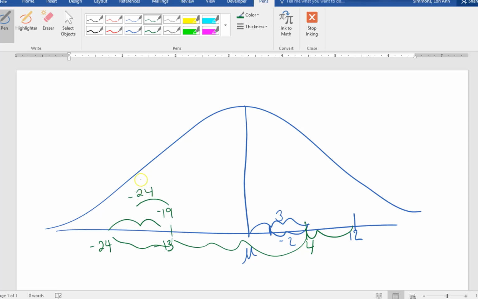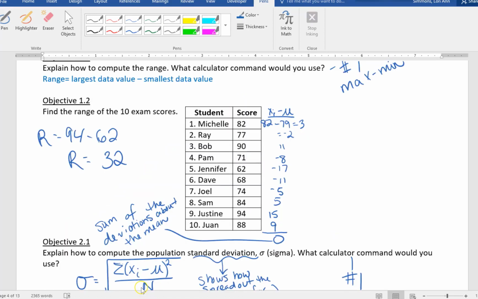And then we have a positive 15. So it's going to give us negative 9, and then a positive 9 brings us back to the mean. So all it's saying is all those deviations, it's always going to bring you back to the mean. So that's why it's 0, and it will always be 0. So I hope that visual helped you. I was just explaining that that's how we get to 0.